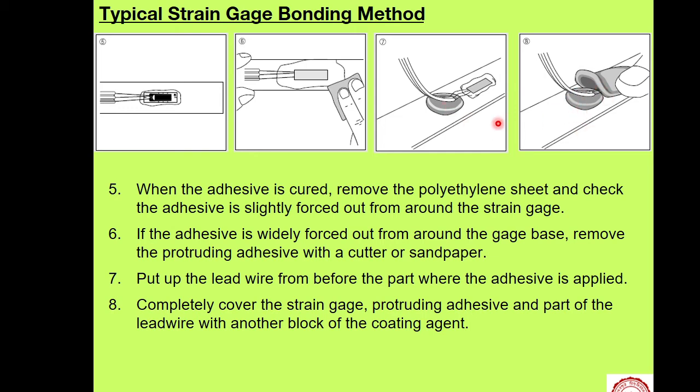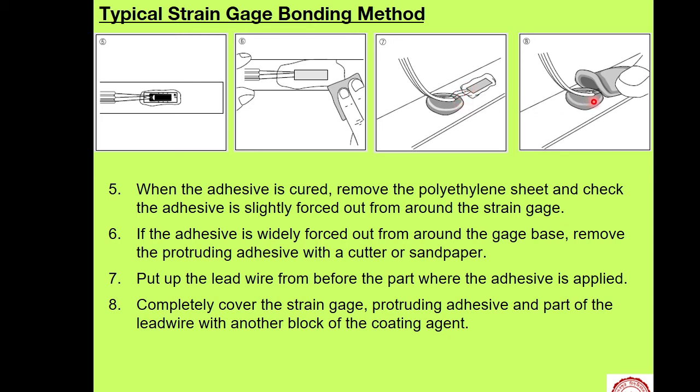There are various ways of covering this region, because these wires can get some tension during the experiment process. One can accidentally apply some force, so it gets a tensile force, and that will ultimately affect the gauge.